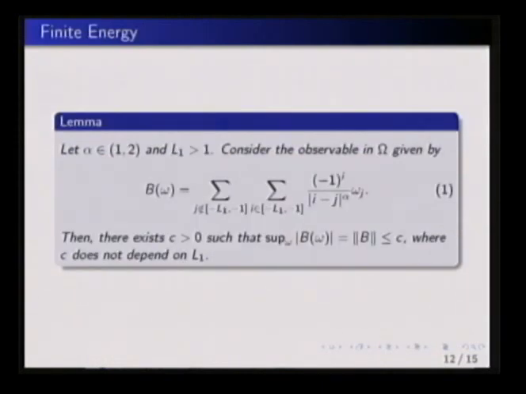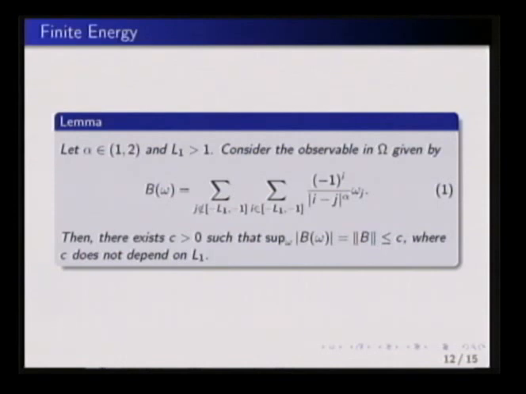Another important thing is the finite energy of the alternating configuration. So this means that if you consider the energy of the alternate configuration inside some interval with length L1, and you see what happens with this energy compared with the outside of this interval, this energy is uniformly bounded.